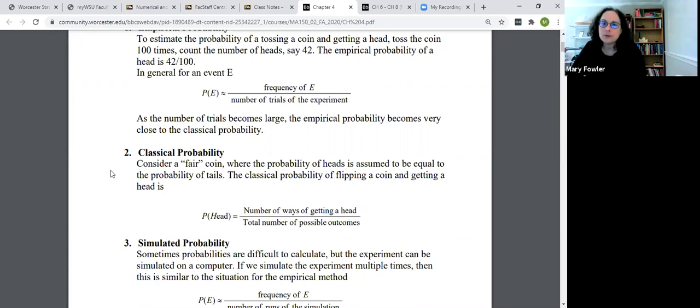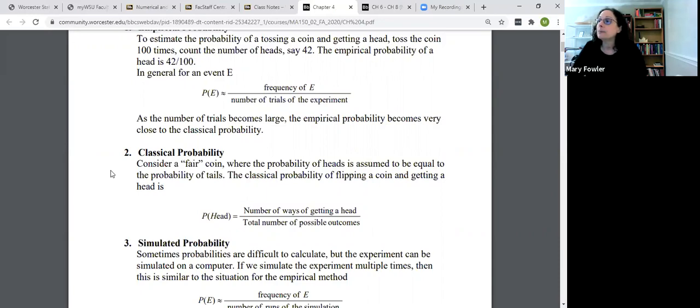So that would be what we mean by a fair coin. The probability of it landing on a head is equal to the probability of it landing on a tail. And the classical probability counts up the number of ways a particular event can occur and divides by the total number of possible outcomes. So these probabilities are more mathematical. We'll be working more with these classical probabilities, okay?